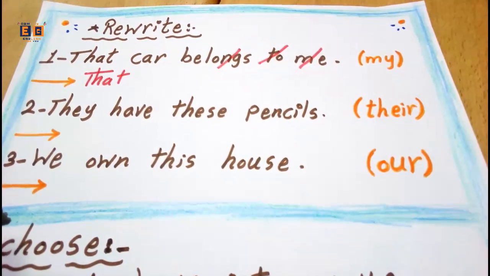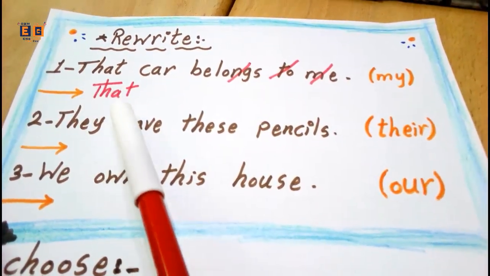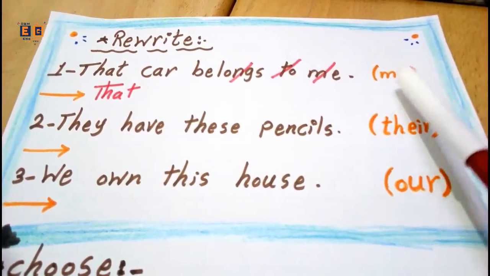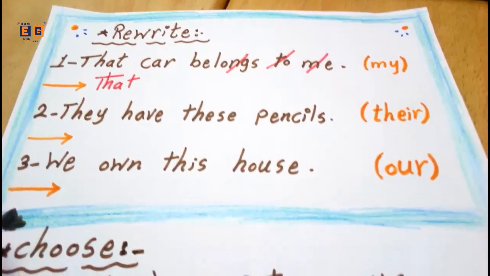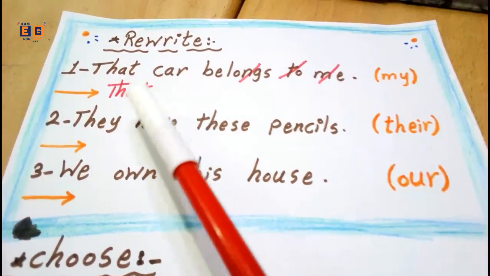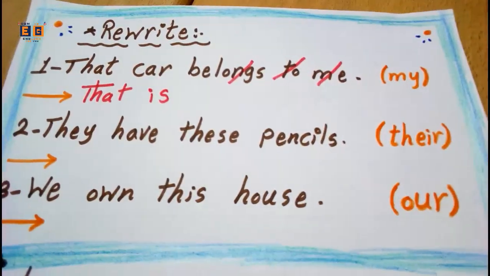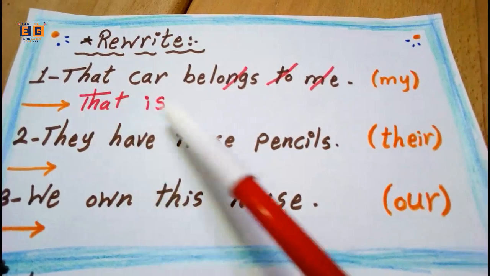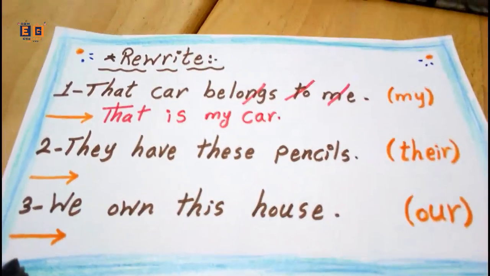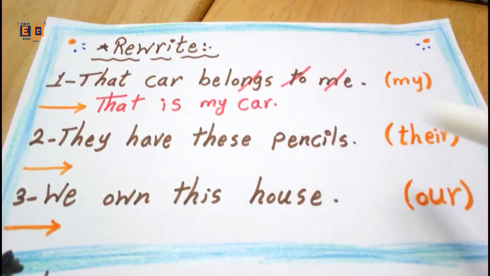Now we have only 3 words: the demonstrative article that, the owned noun car, and the possessive adjective my. But here we must have a verb which follows that. So we can say that is my car. Here is the possessive adjective, and the owned noun comes after the possessive adjective as well.